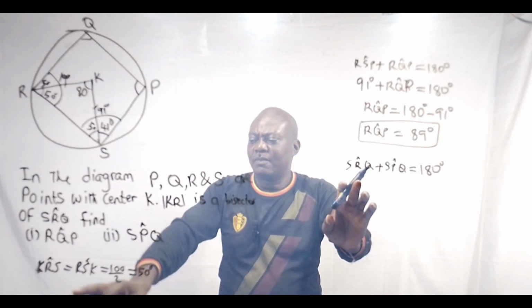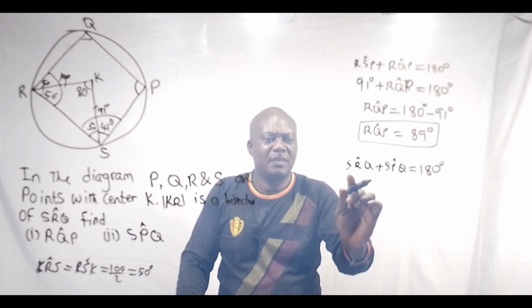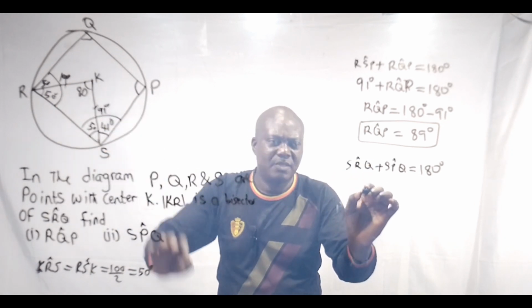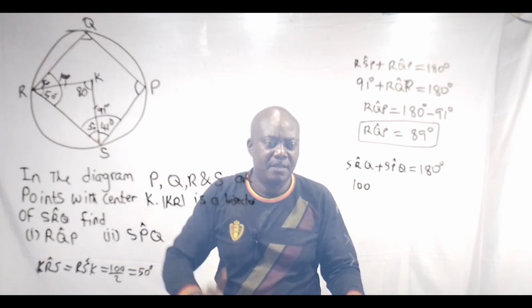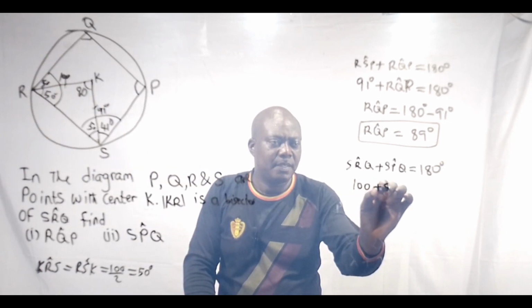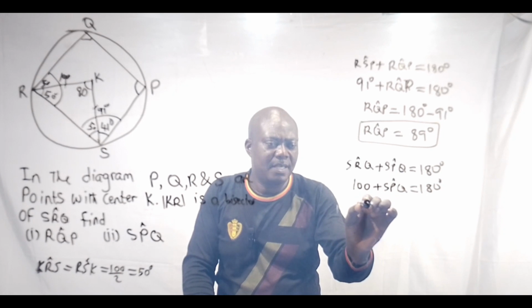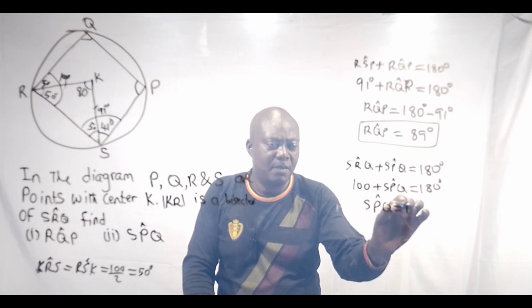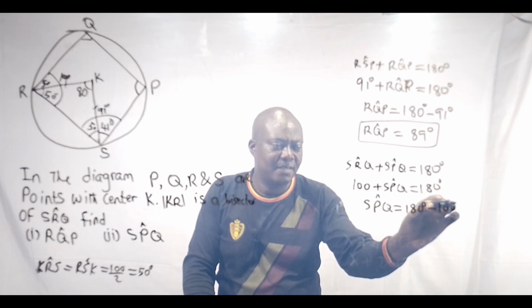So you already know the value of SRQ, which is 100 degrees, because this plus this plus SPQ equals 180 degrees. So SPQ will be equal to 180 degrees minus 100 degrees.